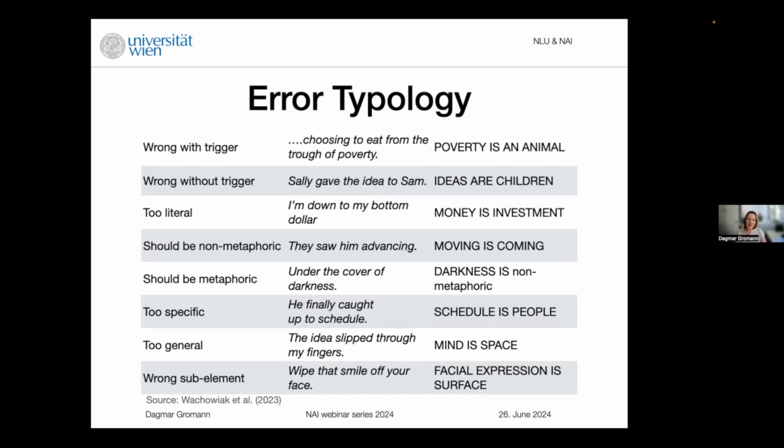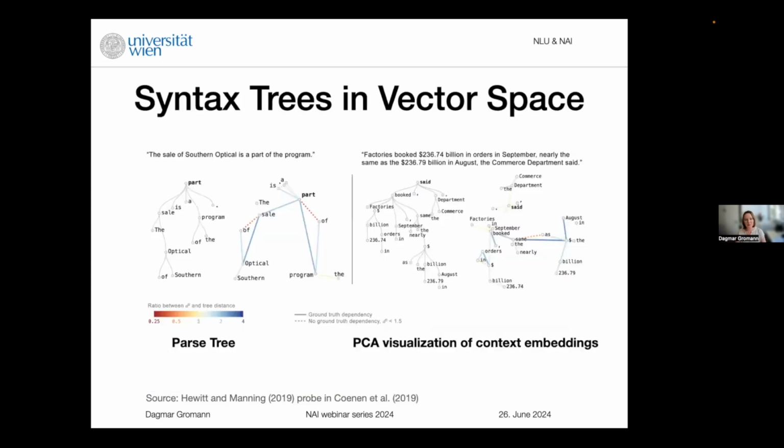And sometimes the predictions represented something that we call wrong sub-element. So wipe that smile off your face is the facial expression is a surface, where we said the facial expression is the wrong sub-element of what could be predicted here.